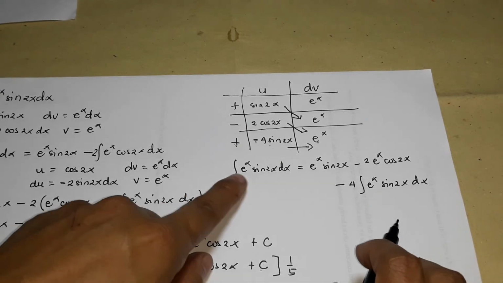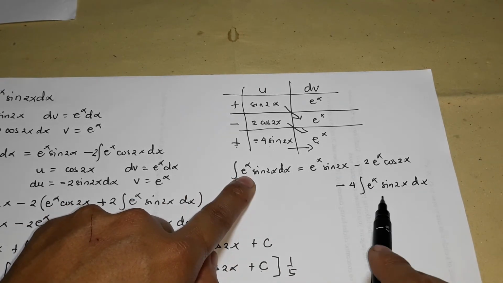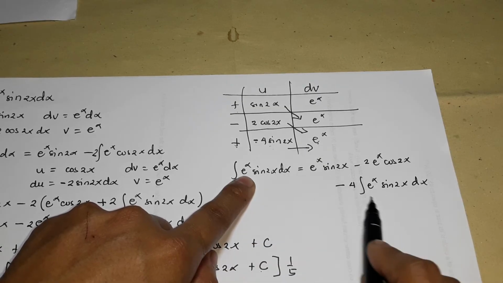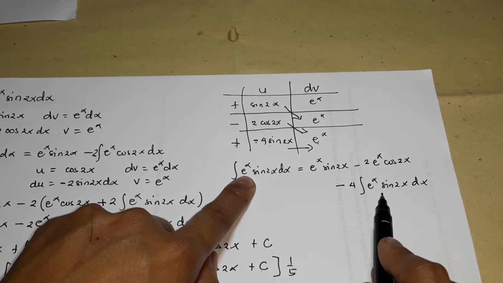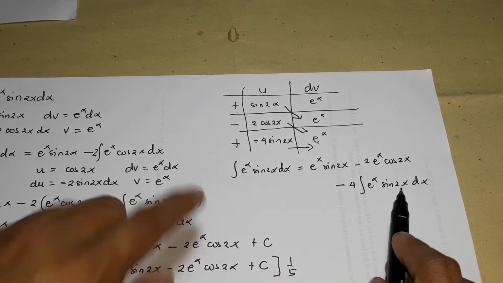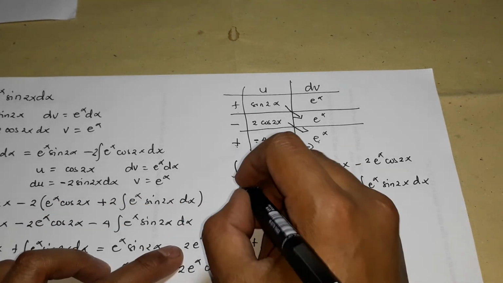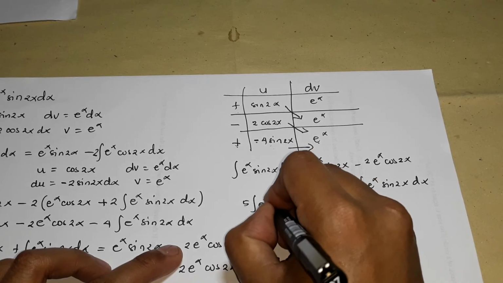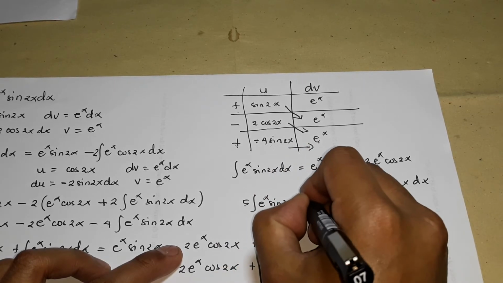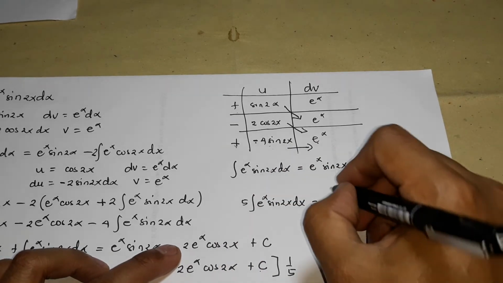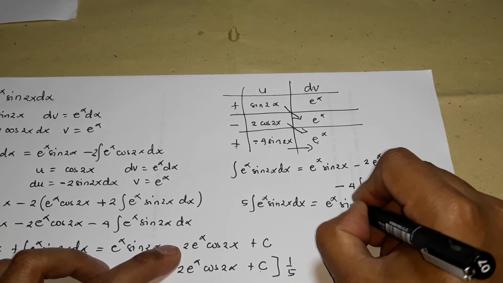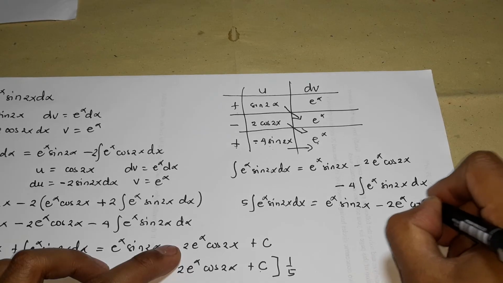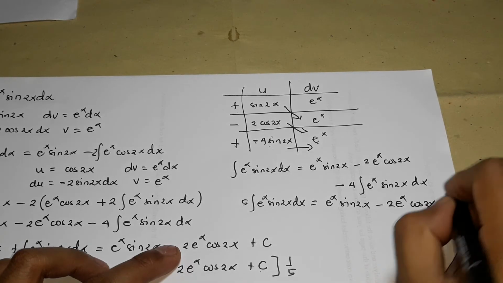What you notice is that the original given and this integral part taken from the horizontal product are similar, and you can just throw this on the other side and combine it here, so you will have 5 integral of e to the x sine 2x dx, which is equal to e to the x sine 2x minus 2 e to the x cosine 2x, and then you can now add c.